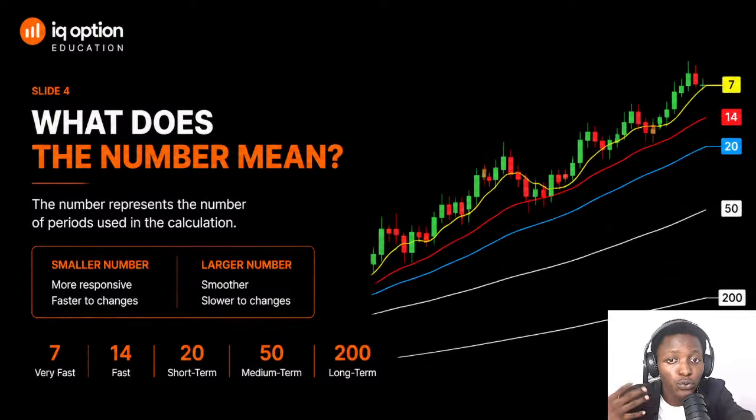For example, a 7 period moving average would calculate the last 7 candlesticks. If your candlesticks are days, it will calculate the last 7 days. So if you are using a moving average 7, it will basically calculate the last 7 periods.